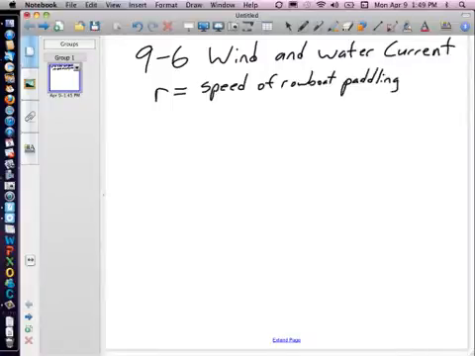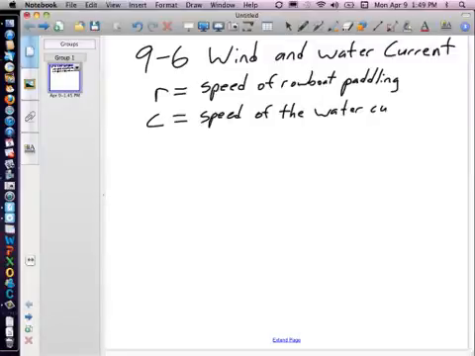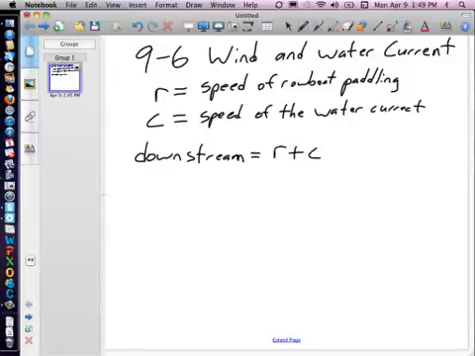Let's say you're in a river though, and in that case there's a water current. So we could say C equals the speed of the water current. Going downstream, your rate would be your paddling rate plus the rate of the current.